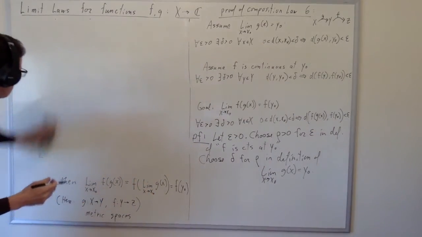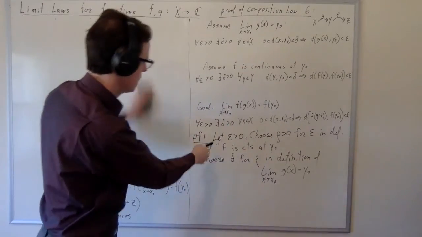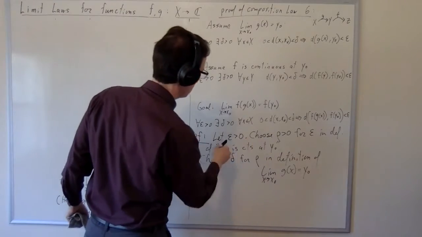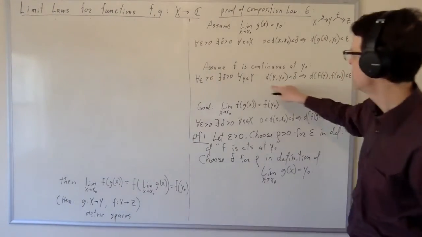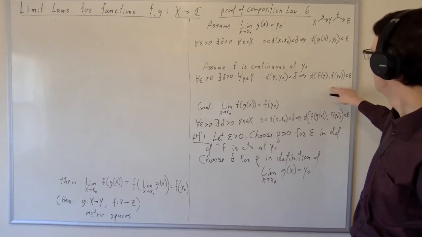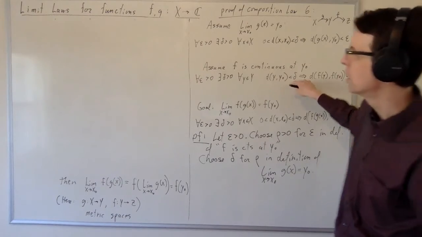So our assumption about rho guarantees to us that the choice of rho guarantees to us that this statement, is that right? Yes. So this statement is true if I put a rho in here.